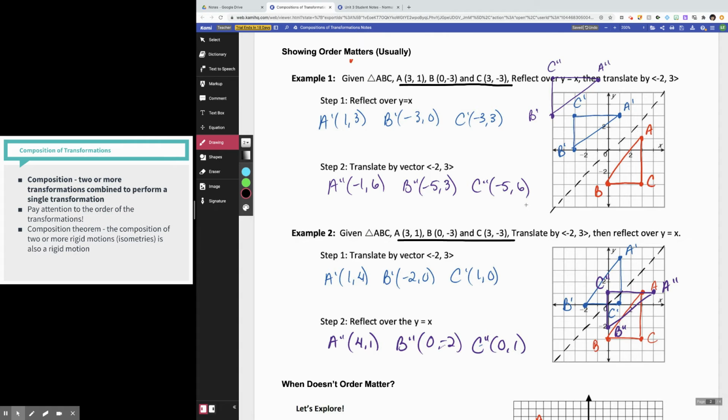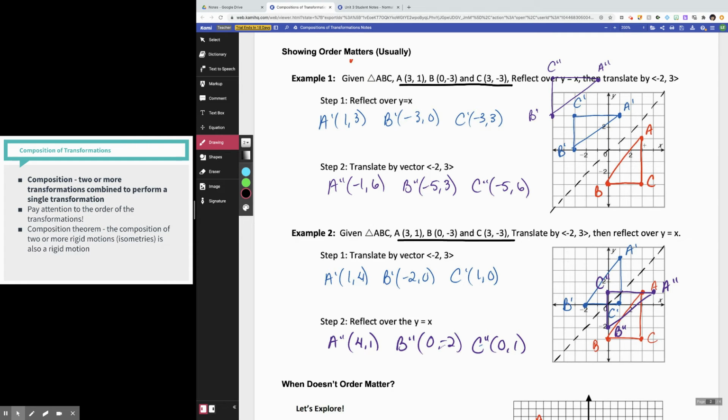But in the first example, at the top of the screen, we're doing it in one order, and then in the second one that you see close to the bottom of your screen, we're doing it in a different order.